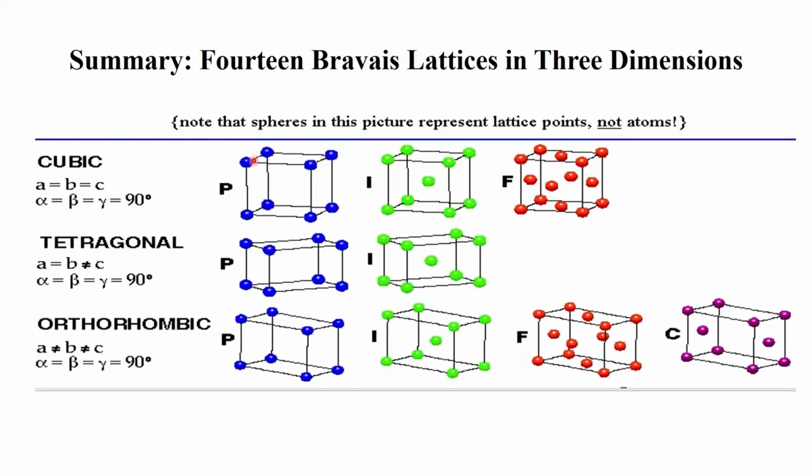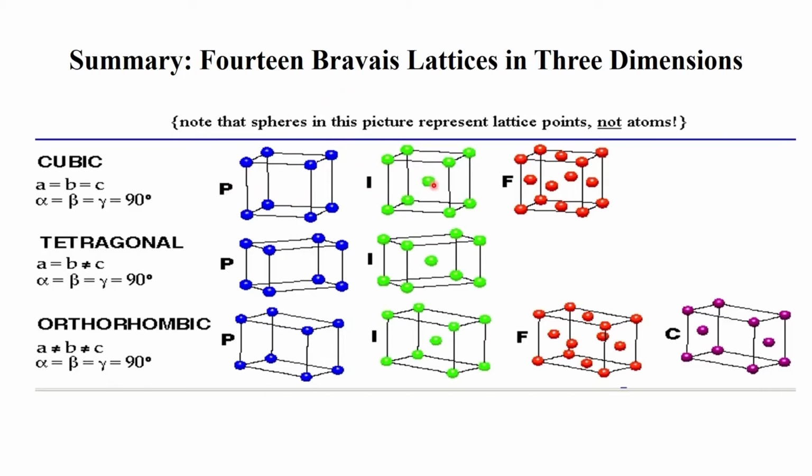The lattice points now represent the presence of a primitive lattice, because here it is 3 dimensions. So each point will represent 1/8. So the total number will be 1, 2, 3, 4, 5, 6, 7, 8 multiplied by 1/8. So that will make it 1. So the primitive lattice always has 1 lattice point.